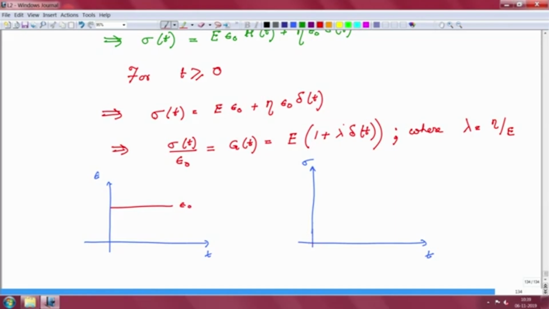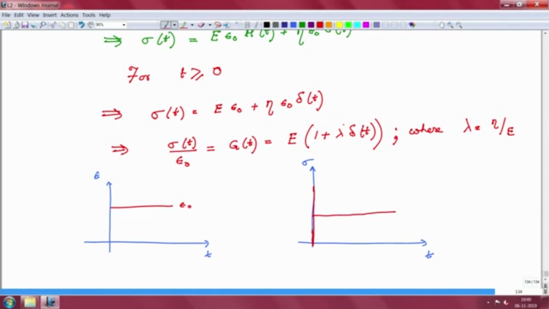Because of the delta function, there will be a very sharp jump here, in the form of a delta function that goes towards infinity, and then immediately at any other value of t, this will come down to a constant value.